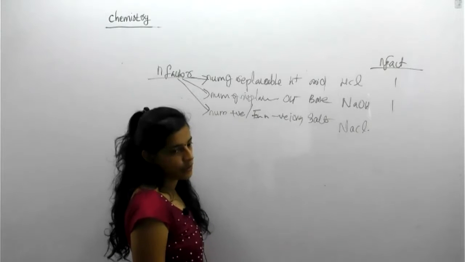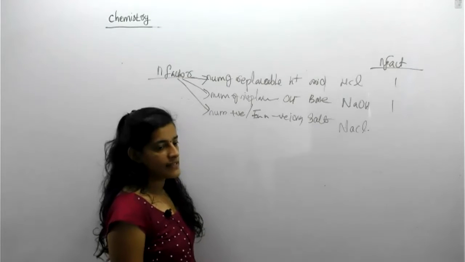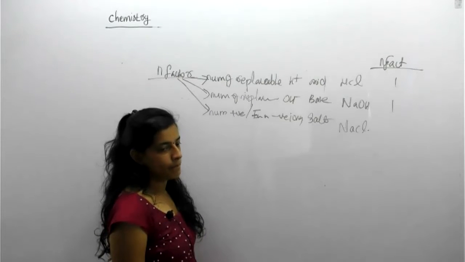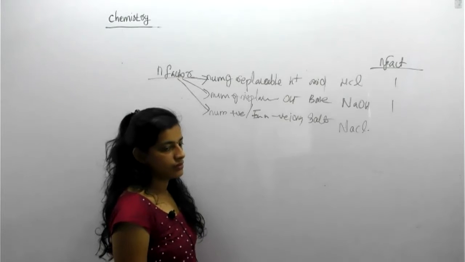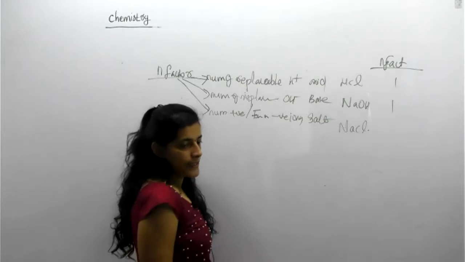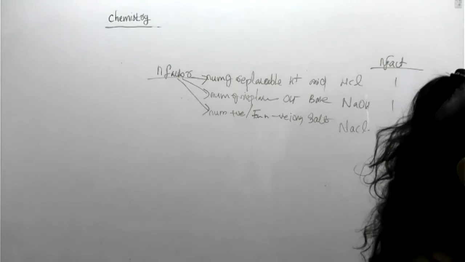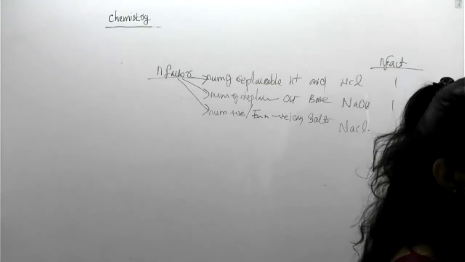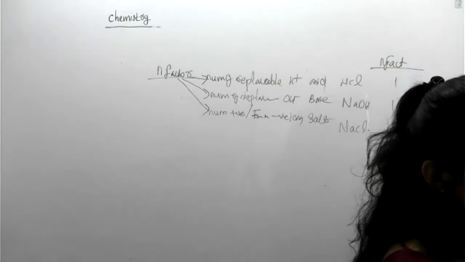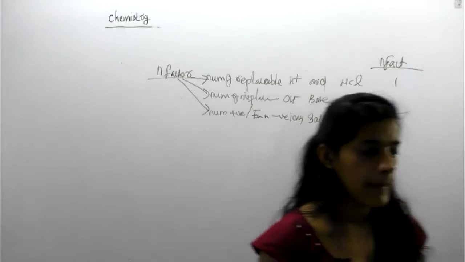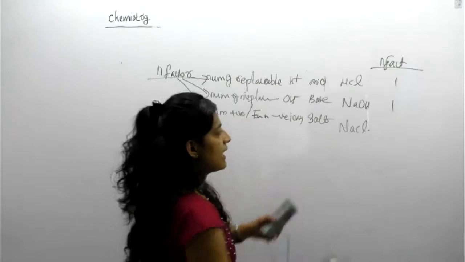Positive ion and negative ion in NaCl: Na plus, Cl minus.